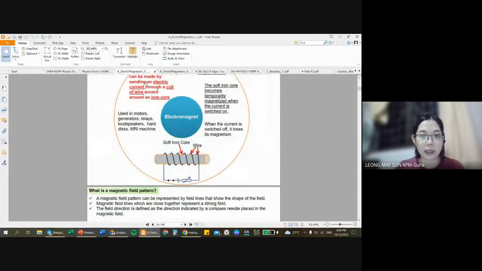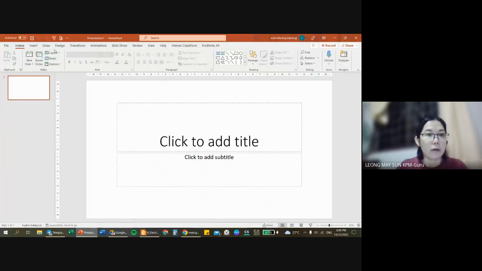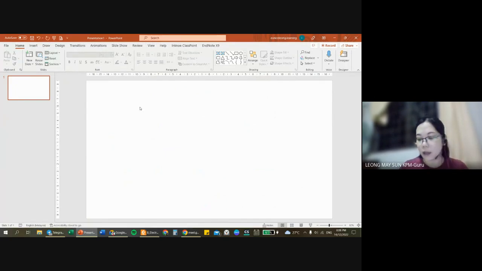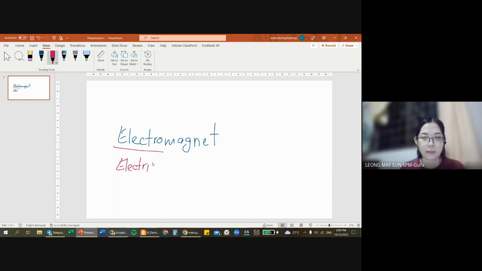For electromagnetism, the first thing we need to understand is the word electromagnet. It comes from two words. First is electricity, and the other one is magnet.